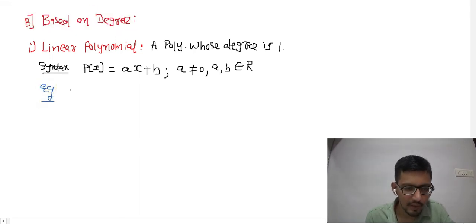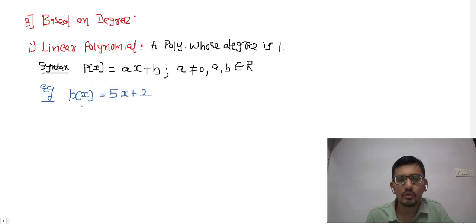See, if I am writing p of x is equal to, say, 5x plus 2, this is called a linear polynomial. Yes. If I compare this with the standard form, a is 5 and b is 2. Both are positive. Okay, one more example.